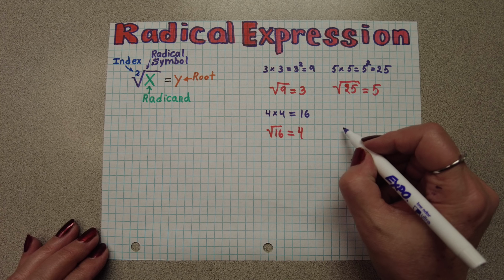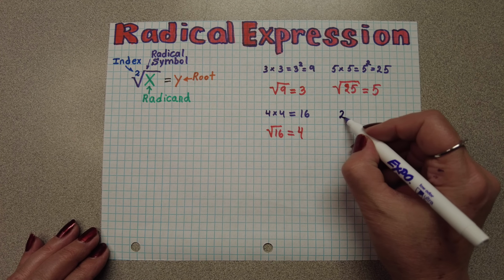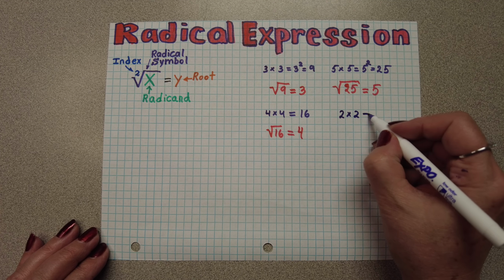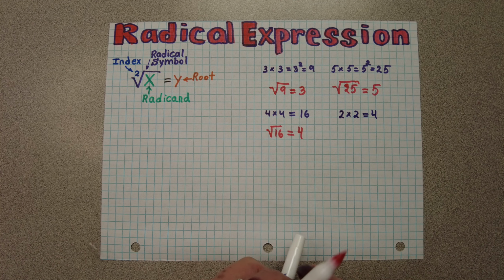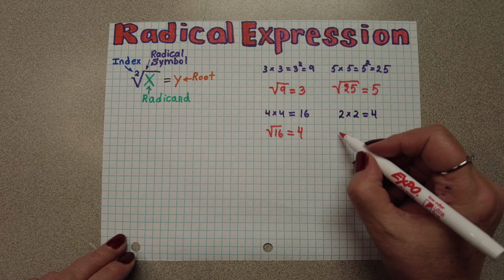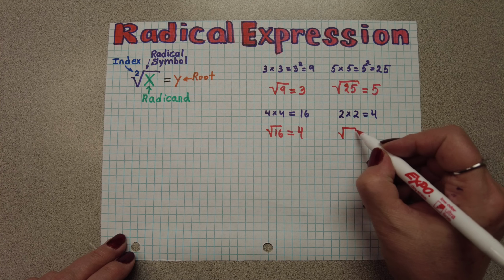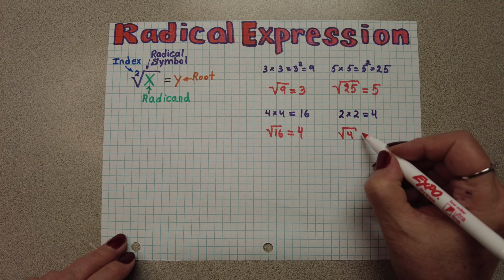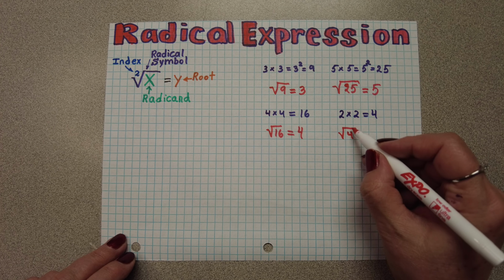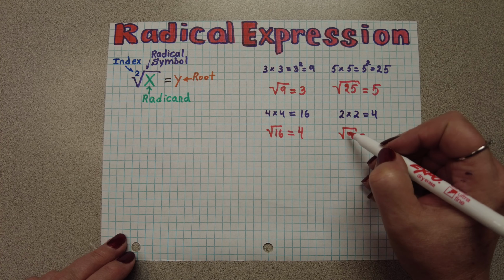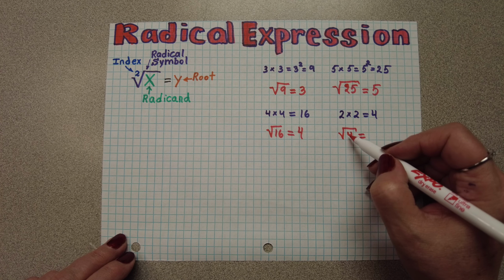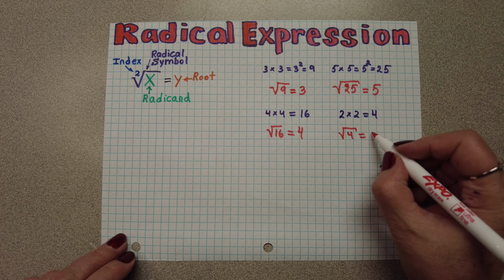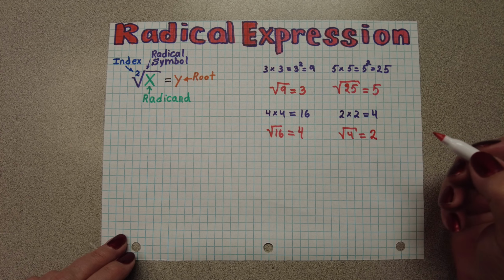Let's do 2 times 2 equals 4. When we see this radical expression, square root of 4, that means this is equal to the number which was multiplied by itself, and we got the answer 4. That was 2. So the root will be 2.